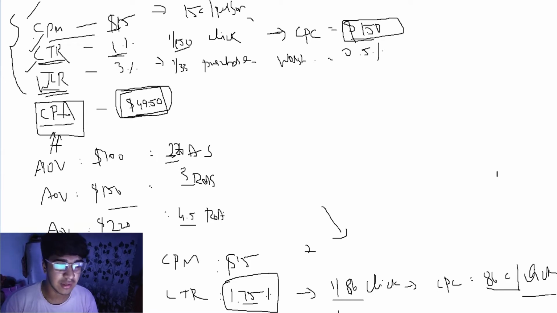And then let's say you need to have, ideally, a minimum of a 3% conversion rate on your website. If not, you are definitely going to lose a lot of your sales. So that's 1 out of every 33 purchasing. So 1 out of every 33 people who visit your site is going to make a purchase, right? That's what that means. And let's say you have a worst case scenario where you have a 0.5% conversion rate.